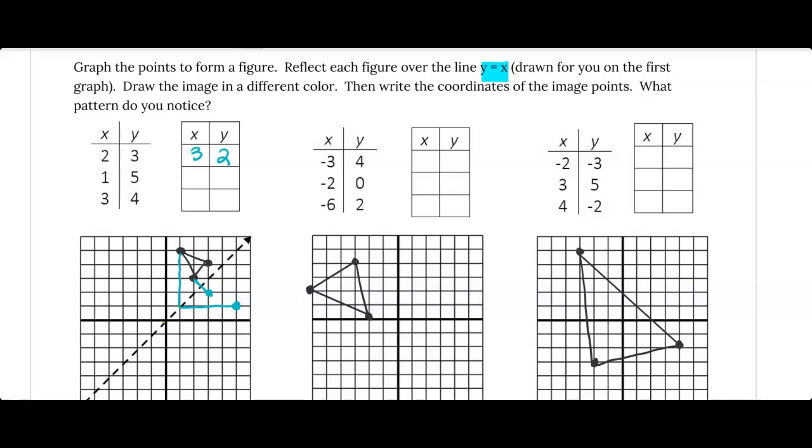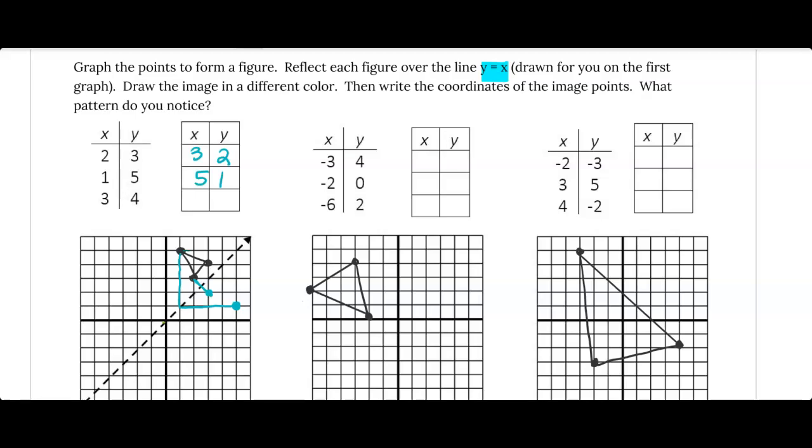But this one, because it's slanted and has that slope of 1, we want to give a line that would have a slope of -1. So that meant we went down 4 and over to the right 4. You could have also gone to the right 4 and down 4, and you would have ended up at the same spot. But I always go down and over because that's how we do our slopes. So that point 1, 5 ends up at the point 5, 1.